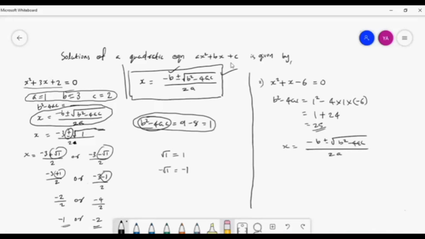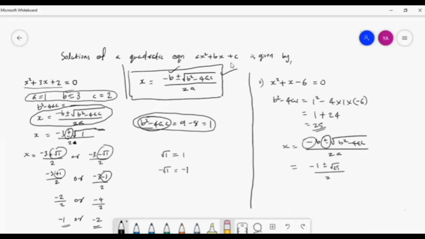Don't forget this negative sign here, minus B. Substituting these values, minus B is minus 1, and plus or minus square root of B square minus 4AC, which is 25. No need to put a big square root, a small square root is enough. Here 2 into A is 2.